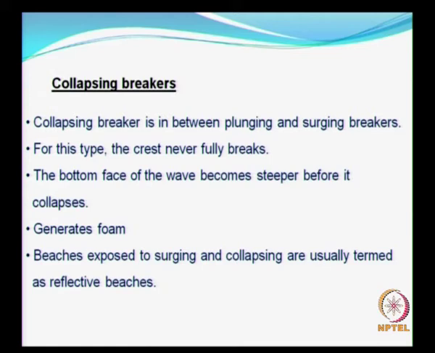So now, surging and collapsing, as we have seen, are mostly due to steep waves propagating over steep slopes. In such a case we can call such beaches, where you have these two kinds of breakers, namely surging and collapsing, reflective beaches.